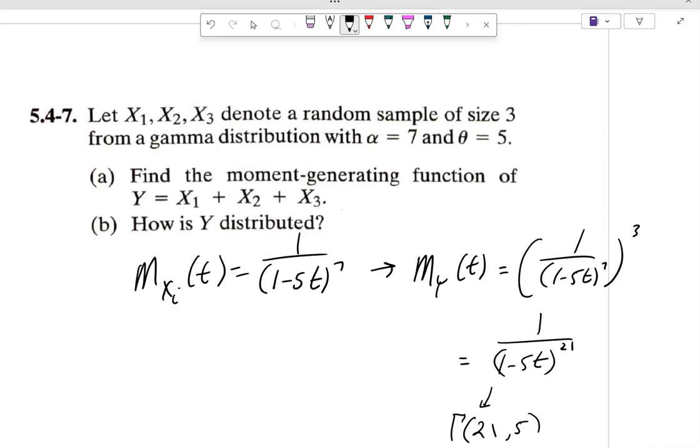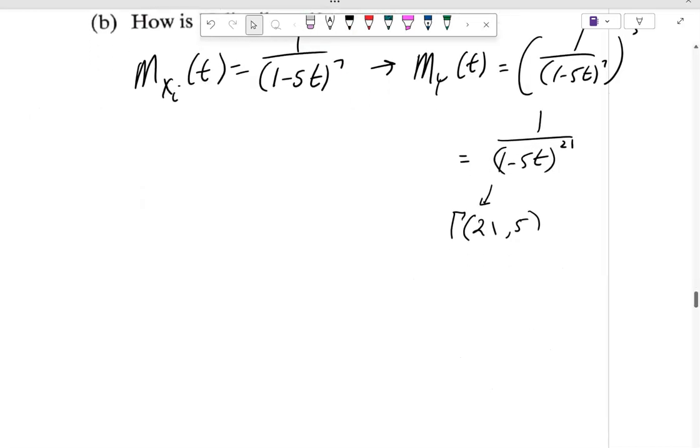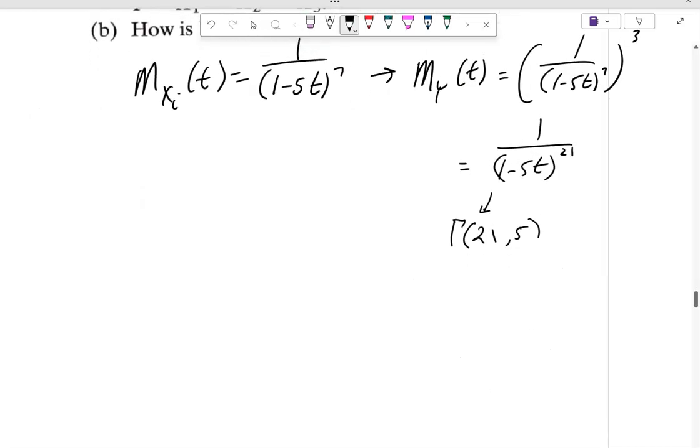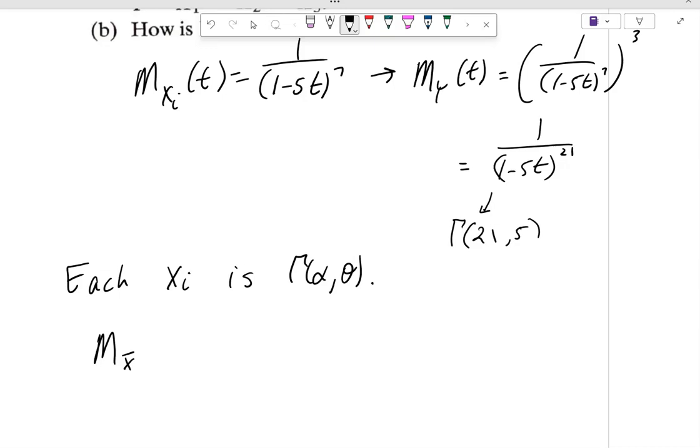Notice in this case, what if we did the mean? Just to do this in general. Let's say each X sub i is gamma of alpha, theta. Let's look at the moment generating function for the mean.